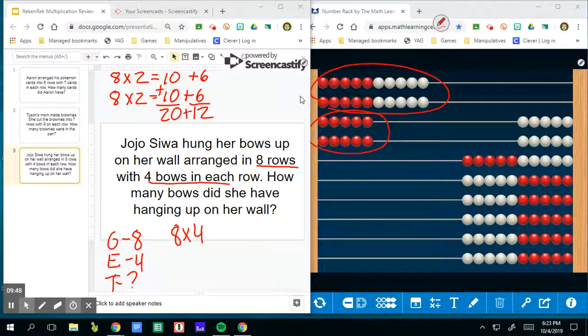So 20 plus 12 now. 0 ones plus 2 ones is 2. 2 tens plus 1 ten is 3. That's 32. So how many bows did she have hanging up on her wall? She had 32 bows. JoJo loves those bows.